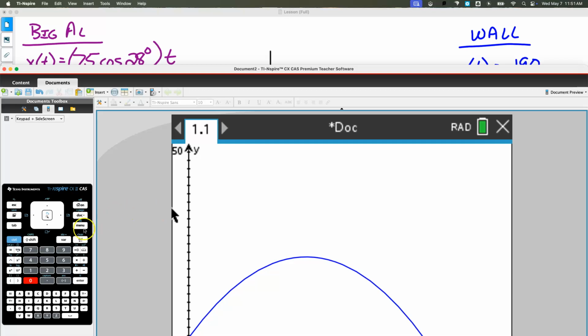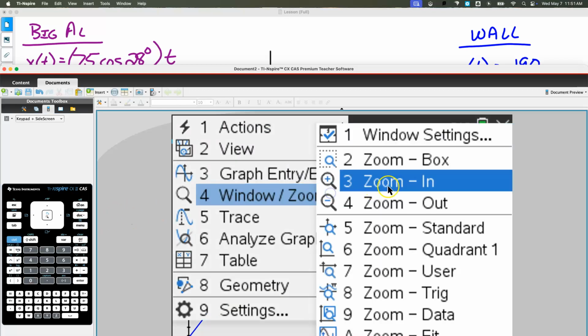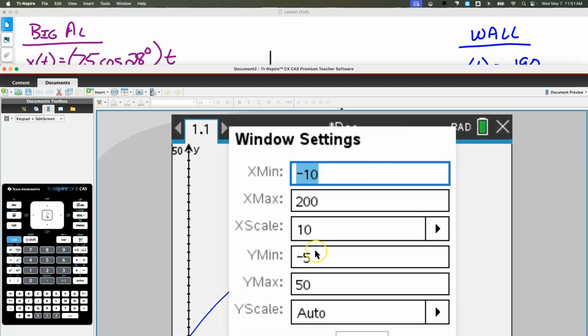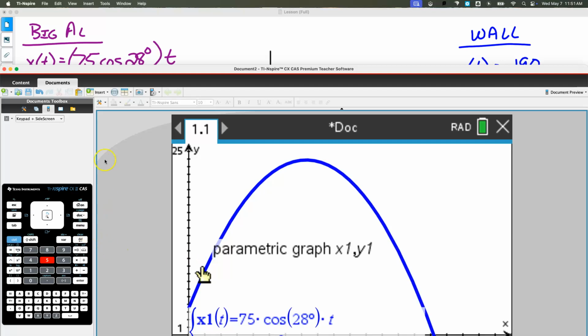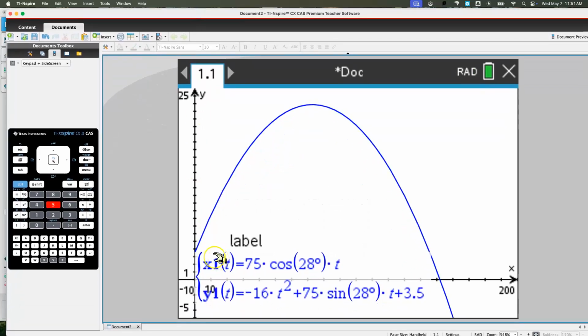Ooh, I wouldn't even have to go up to 50. Okay, so here's the flight of Big Al, the ball.